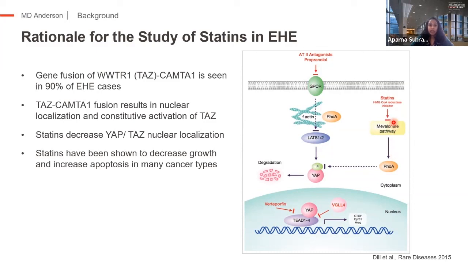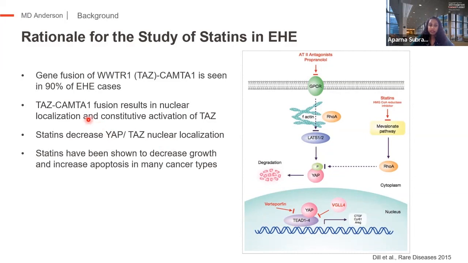So once statins inhibit the metabolites of the mevalonate pathway, this results in the inhibition of YAP. It results in the inhibition of LATS1 and 2 kinases in the Hippo pathway, and does not allow the nuclear localization of YAP and TAZ.